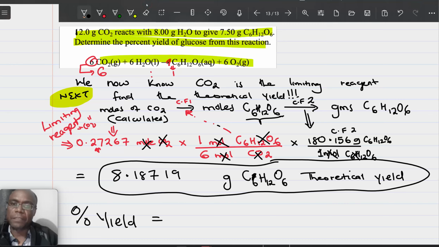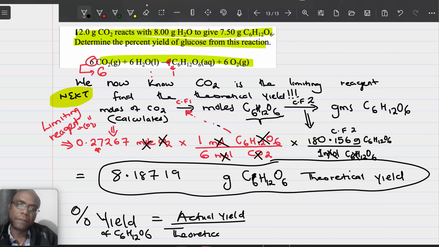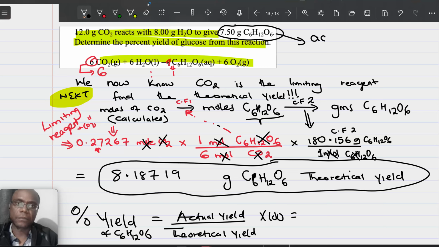The percent yield of glucose, C6H12O6, is equal to the actual yield, which is given in the question, divided by the theoretical yield, multiplied by 100. This 7.50 grams of C6H12O6 is actually the actual yield.